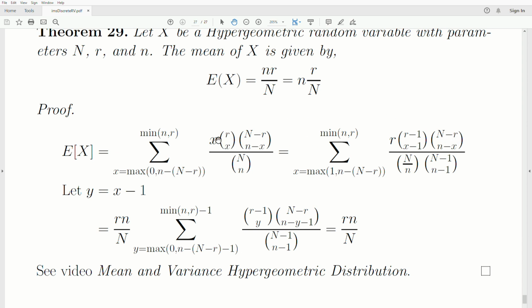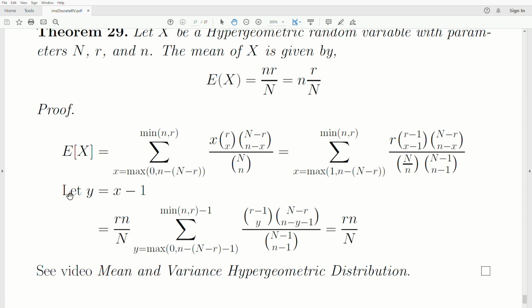R choose x, the r factorial on top, one of the r's we'll bring out, which leaves just r minus 1 factorial. This x cancels with one of the x's in x factorial, and it leaves this. Now here we're going to take out an n divided by capital N divided by little n, and it creates this. Now x is the index, so these two terms will come out of the sum.